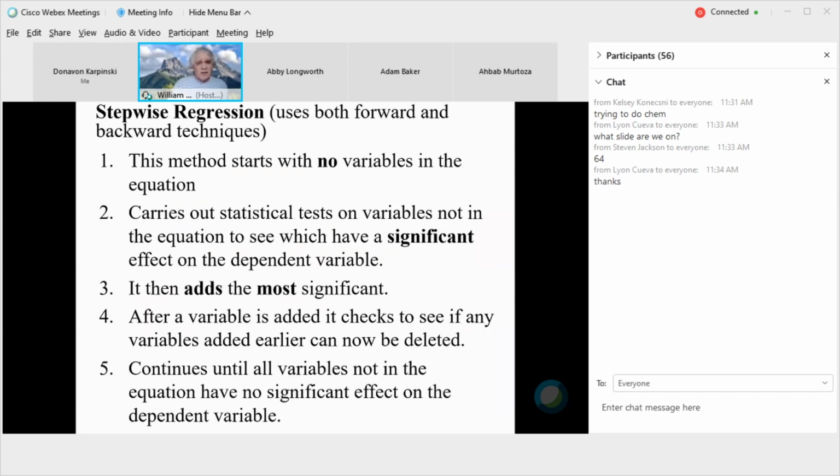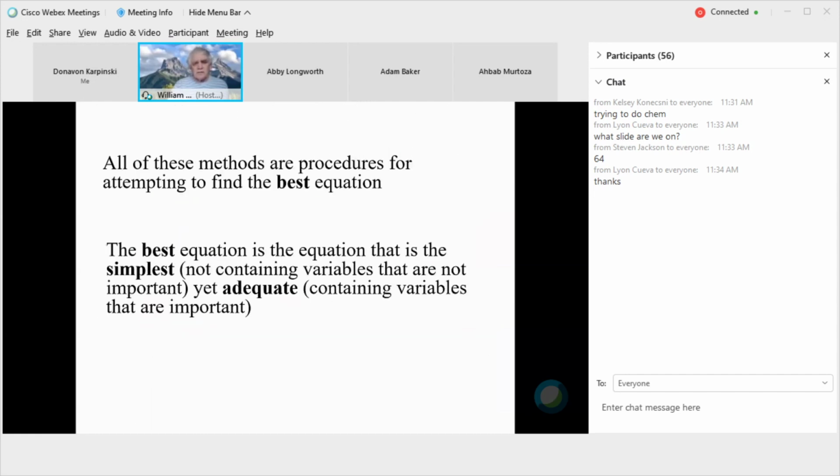Stepwise is a combination of both. It starts with no variables in, carries out tests, adds the most significant, then after it adds a variable, it checks to see if any variables added earlier can be deleted. This is the usual one that people like to use.